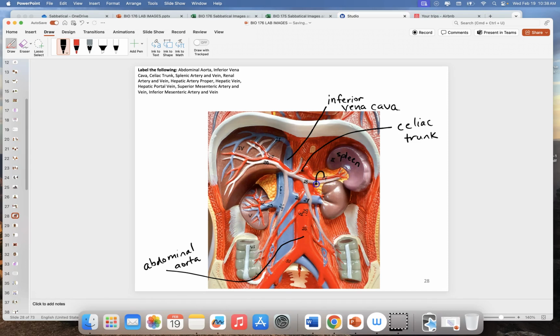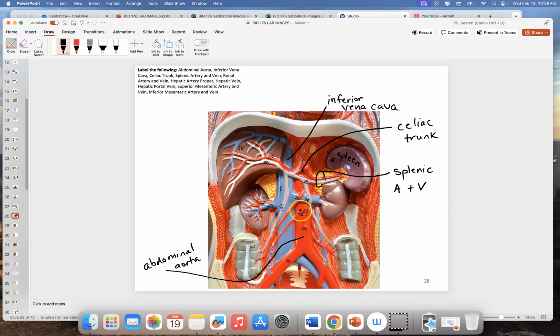So I'm going to go ahead and encircle both of those vessels. They are going to be the splenic artery and vein. The artery is going to be on top, and the vein is going to be on the bottom there.